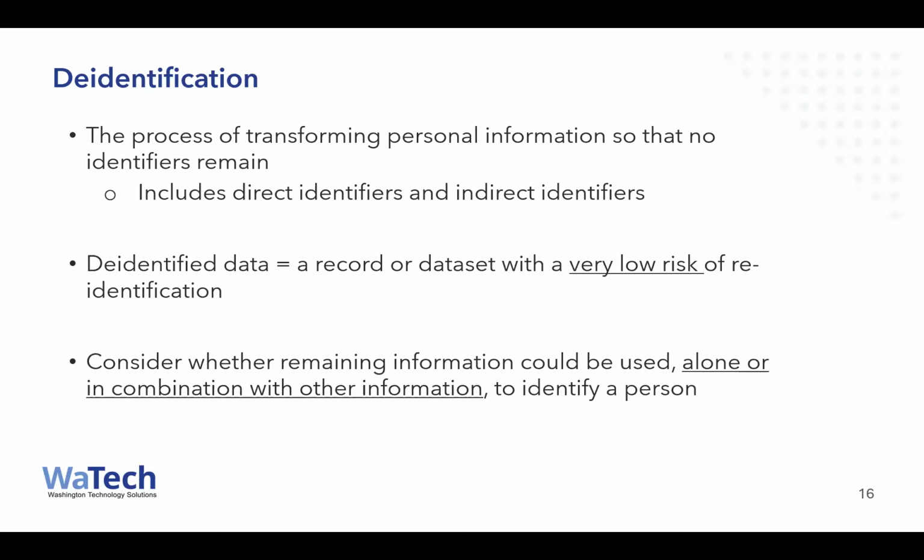The next step on that journey is de-identification itself, which is the process of transforming personal information so that no identifiers remain. So now we're talking about both direct and indirect identifiers. When we talk about de-identified data, whether that's a particular record or data set, we're talking about information that has a very low risk of re-identification.